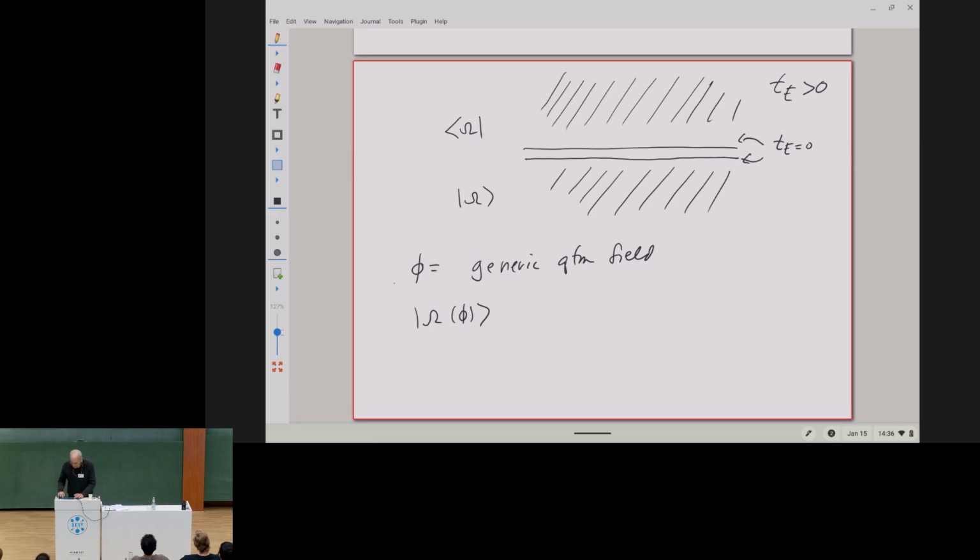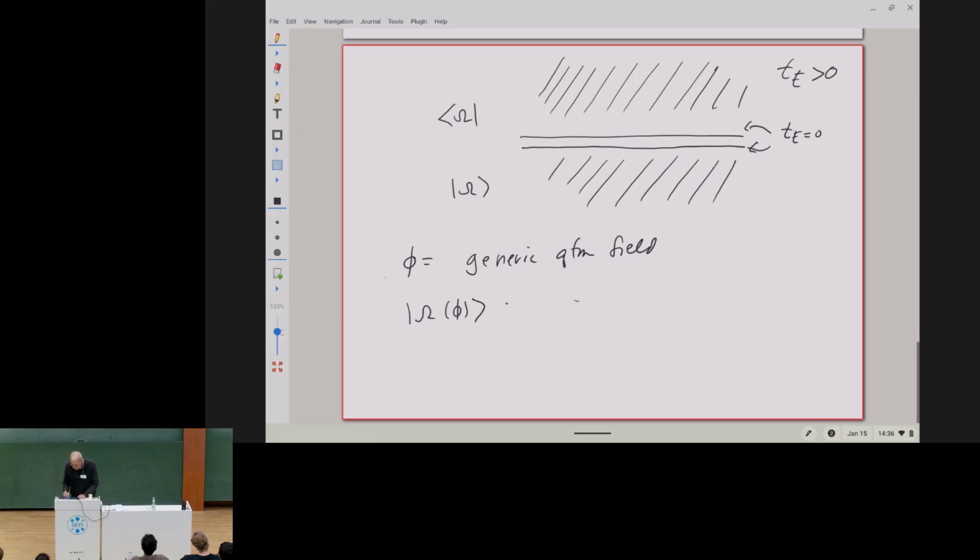So when we construct the vacuum state, as I said, we do the path integral on the lower half space, but we keep phi fixed. So we integrate on the lower half space, TE negative, over, I'll call it capital phi.